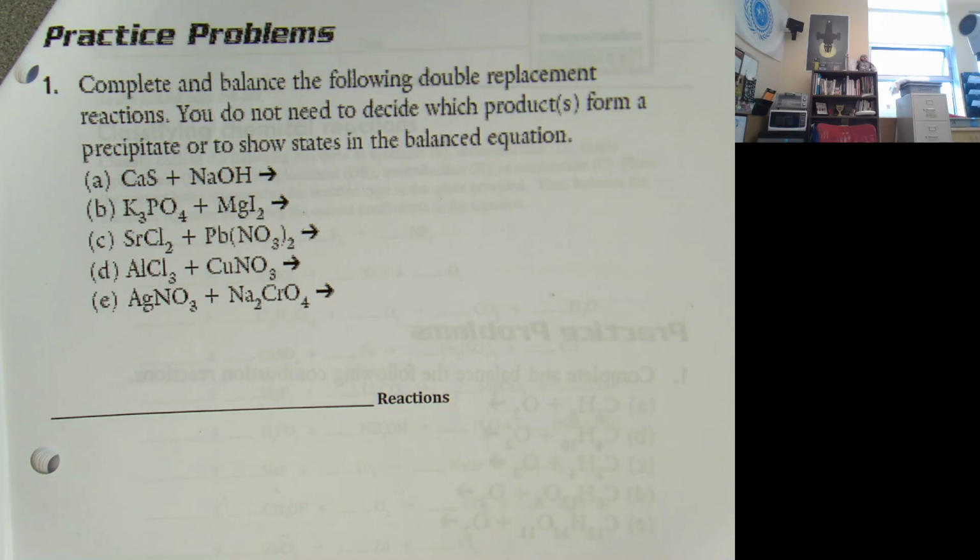Charge on silver is 1. Charge on oxygen is 2. Otherwise, it should be Ag2O4.